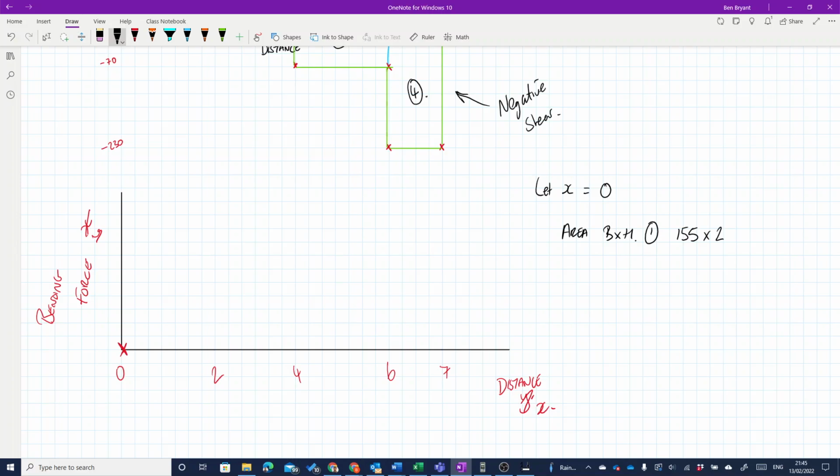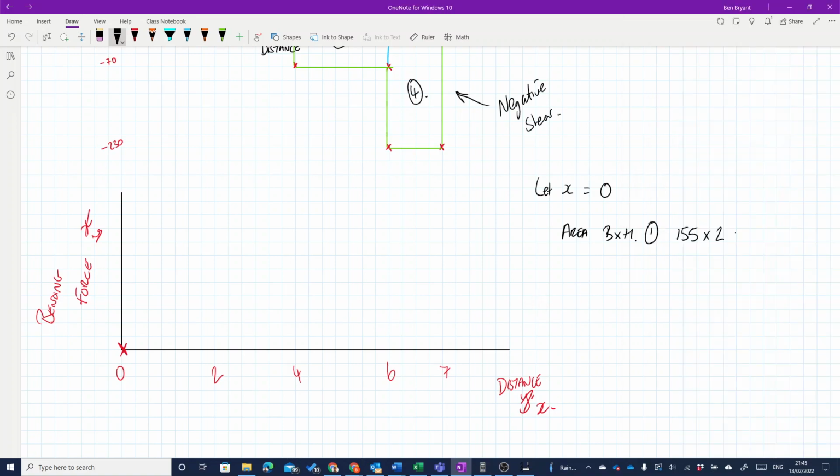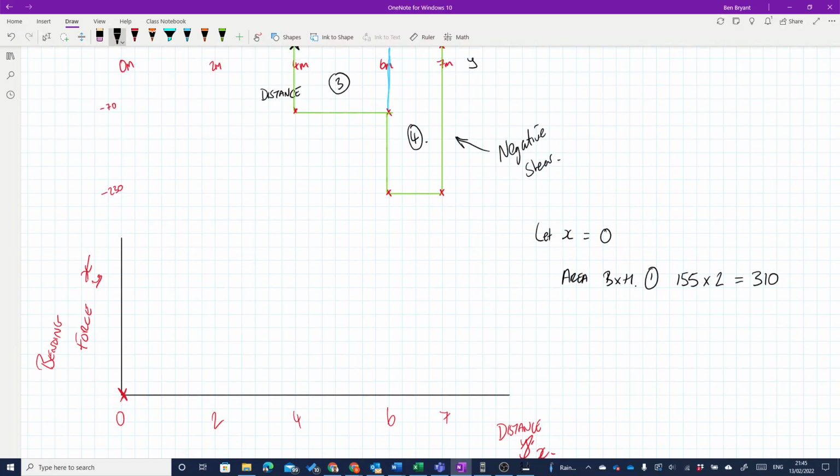That's going to be my area, which gives me my bending moment force. So it's going to be 310. My first point here, which we're just going to draw here, would be 310 on our moment diagram.